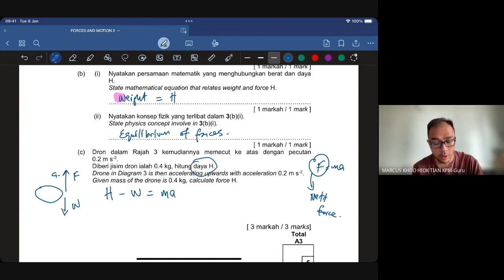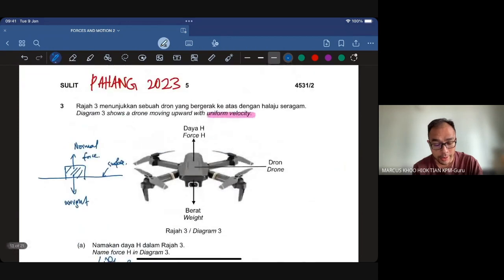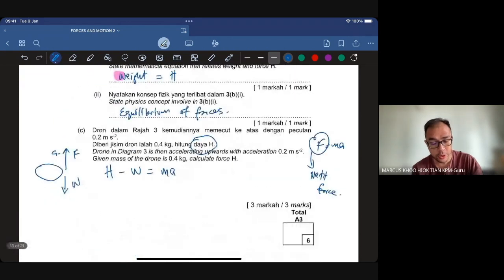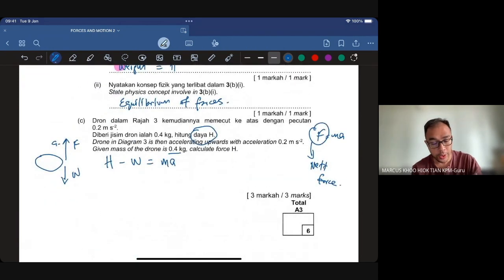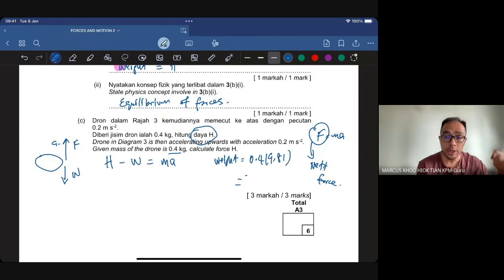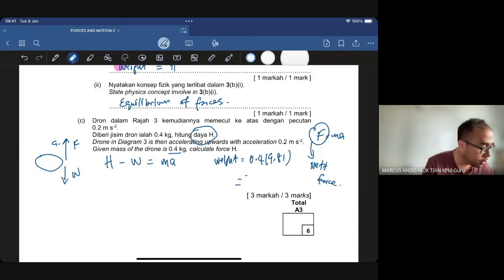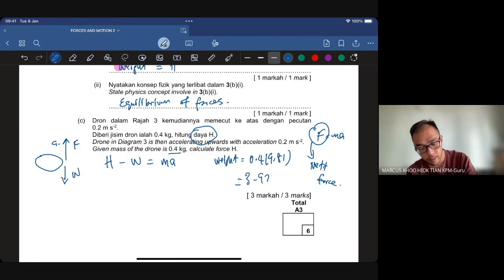You can calculate the weight, because the mass of the drone is 0.4 kg. So what is the weight of the drone? It is 0.4 times 9.81, which is 3.924.